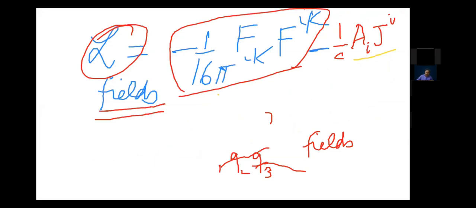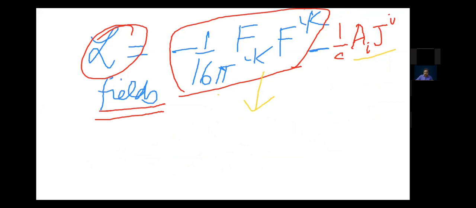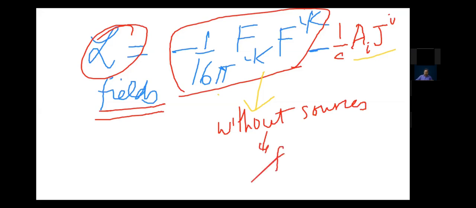Then if you are talking just of the fields without the sources, you can still talk about that, no problem. This is the part without the sources. This term is also called the free field, the contribution to free fields.